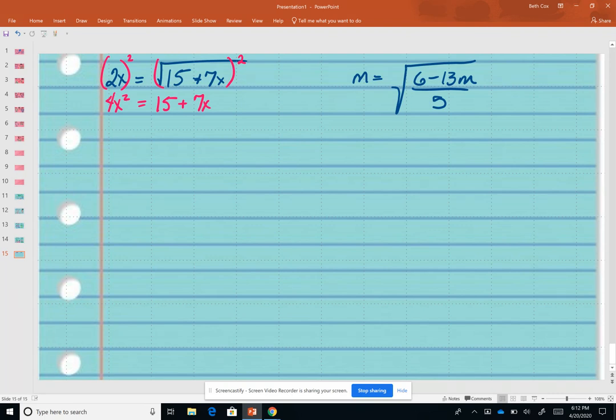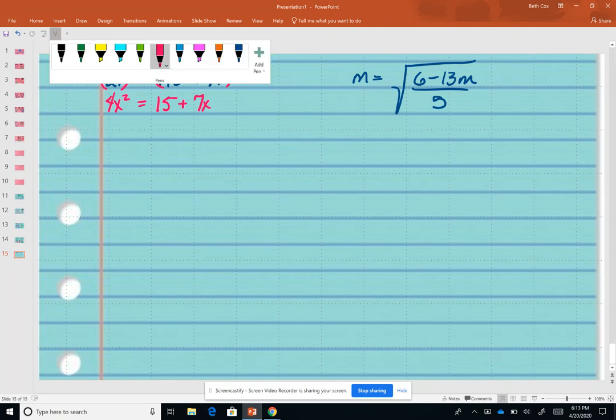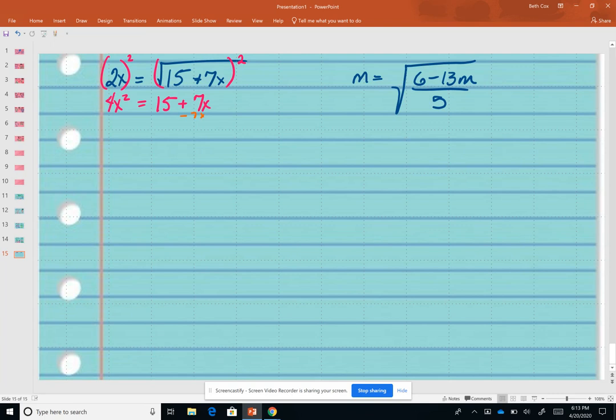So this is a quadratic. To solve the quadratic, the first thing I need to do is get it set equal to 0. So I'm going to subtract 7x on both sides, and I'm going to subtract 15 on both sides. That's going to give me 4x squared minus 7x minus 15 equals 0. So I've set it equal to 0, and now I'm going to have to solve this by factoring.